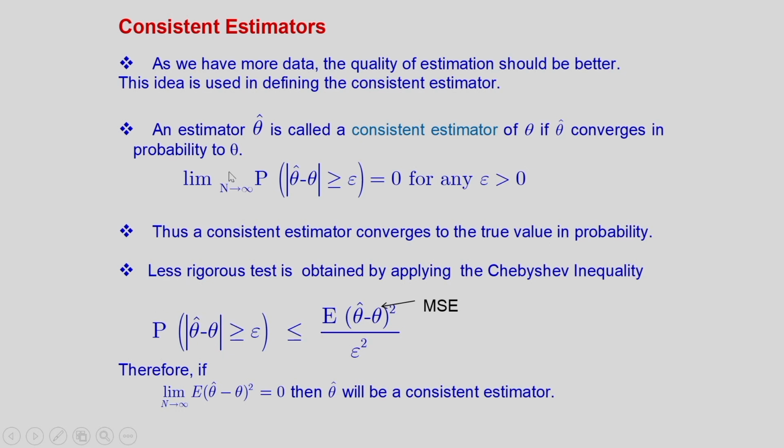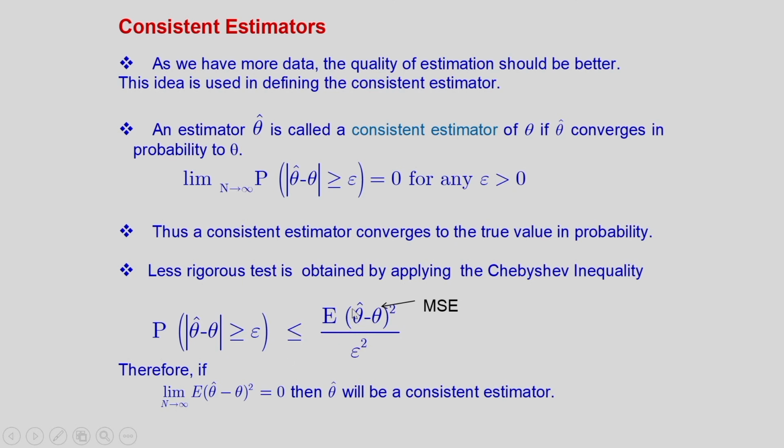A less rigorous test is needed, because here we have to determine the probability. A less rigorous test is obtained by applying the Chebyshev inequality. Now, the probability of this deviation is less than or equal to E of (theta hat minus theta) whole square, which is nothing but the MSE, divided by epsilon square.